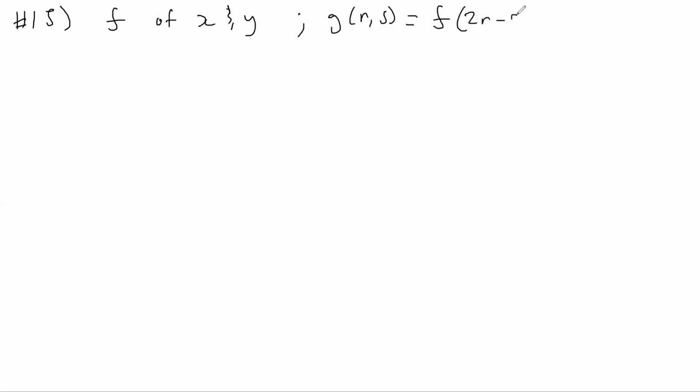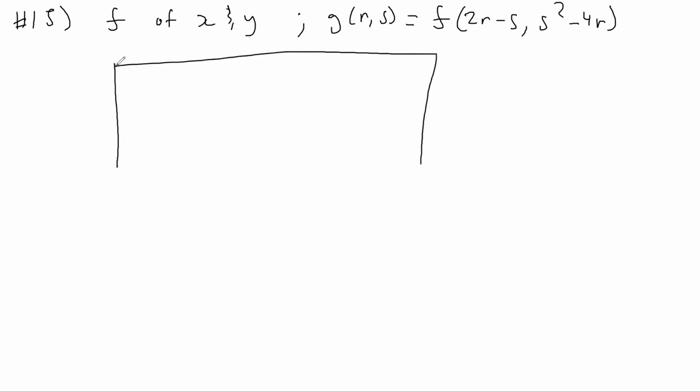In 15, it states that f is a differentiable function of x and y, and we have that g of r comma s is equal to f of 2r minus s comma s squared minus 4r. And then it gives us this table.